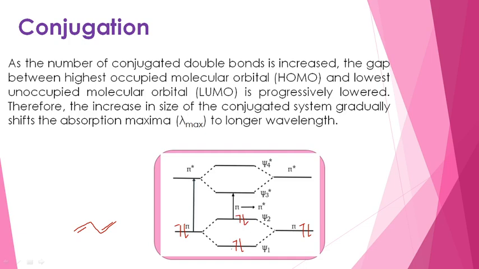These will be accommodated in combination. Psi 1 accommodates 2 pi bonding electrons, and psi 2 accommodates the other 2 pi bonding electrons. Totally 4 molecular orbitals will result due to the combination of atomic orbitals.